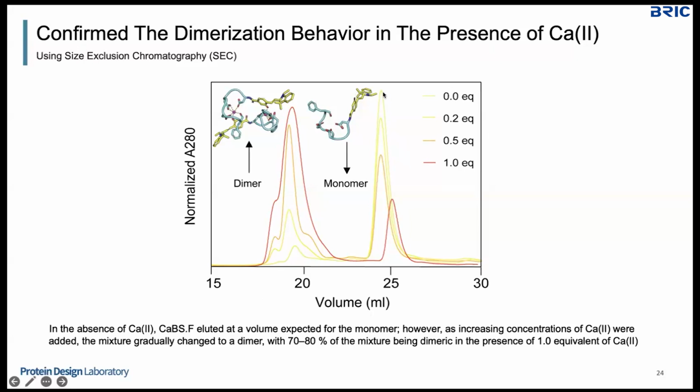When you run the size exclusion, you can see on the FPLC that at 25 milliliters, this is the monomer size. Once we introduce the calcium, the size of this complex increases, giving the dimer structure, and the size keeps increasing upon adding extra equivalents of calcium. That validates the doubled size of the spiropyran and peptide once it binds with the calcium.